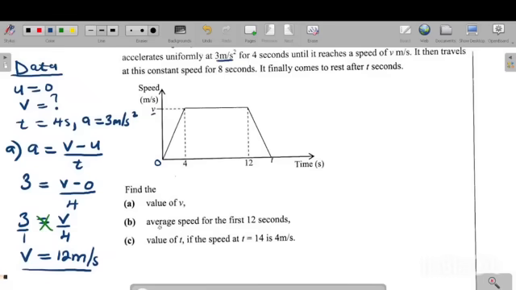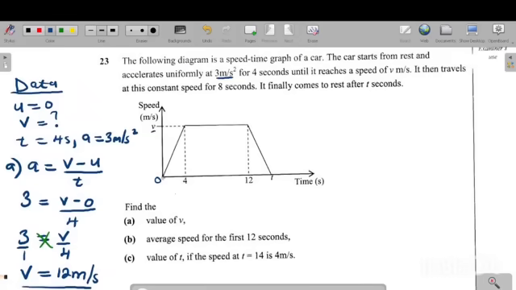Part B, they want you to find the average speed for the first 12 seconds. So they are talking about you finding the average speed when the car was moving from here to there up to here in 12 seconds.